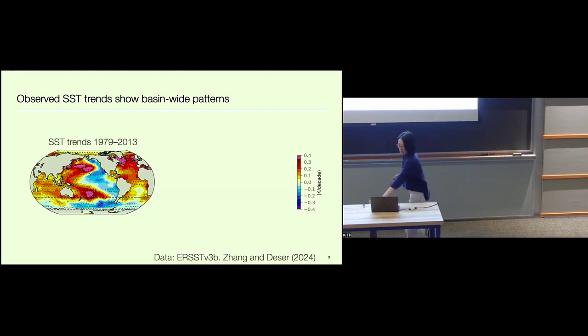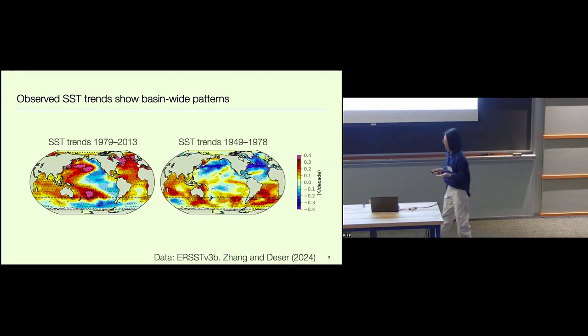So you can even go back further in time. Of course, the coverage of data is not as good if you go further back, but the late 1940s is kind of the earliest you can go if you want to look at the Southern Ocean sea surface temperature. We also see some large-scale patterns, but they look quite different from the later period.